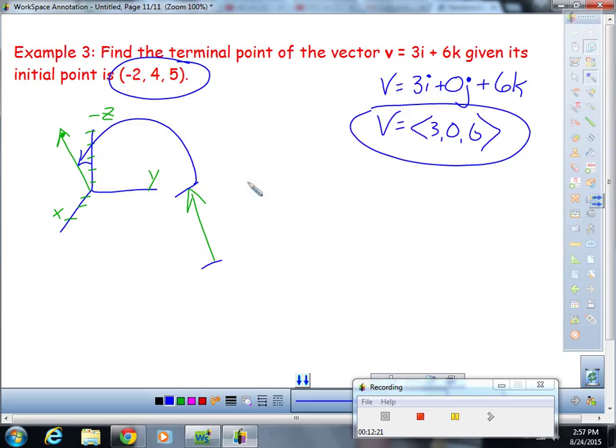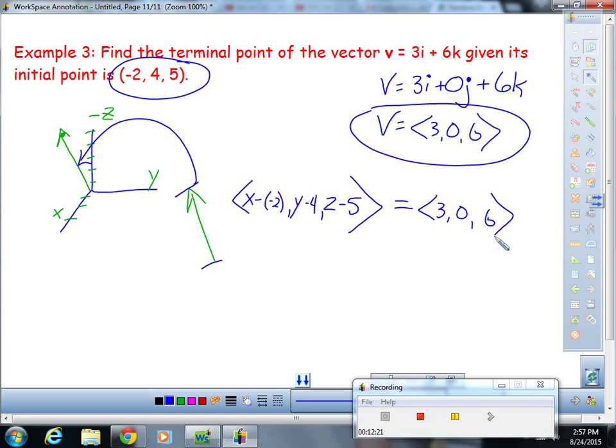So we just got to kind of use some problem-solving strategies. So we know that this is going to be terminal minus initial. Let's not screw that up. So x minus a negative 2, comma, y minus 4, comma, z minus 5 is equal to 3, 0, 6.